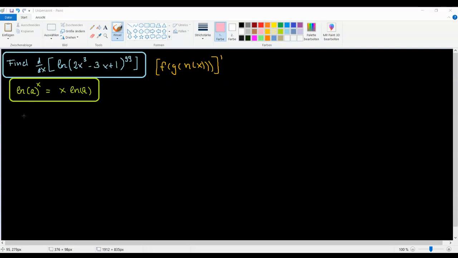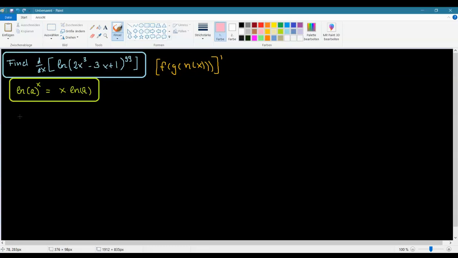This is going to become d by dx of 99 times ln of 2x cubed minus 3x plus 1.